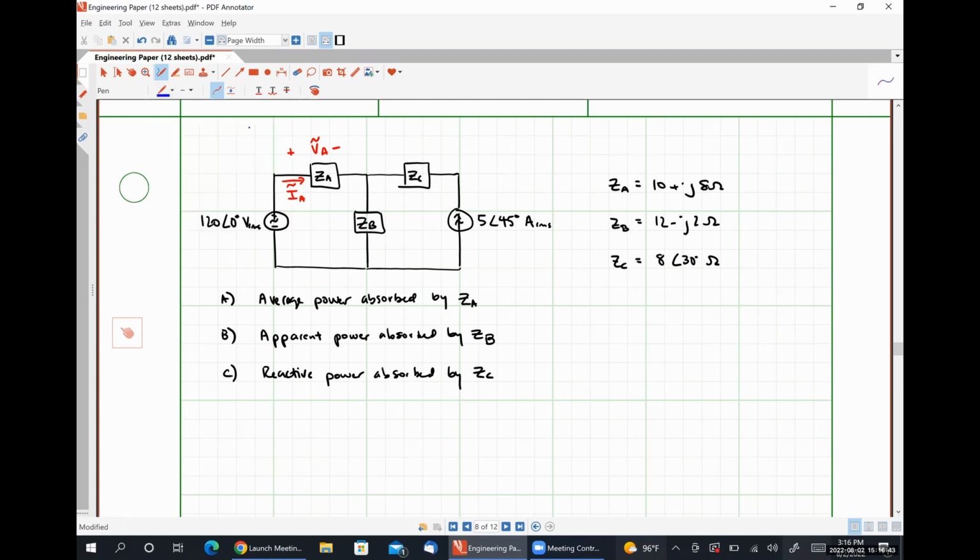To find the apparent power absorbed by ZB, we need the RMS phasor voltage across ZB, the RMS phasor current flowing through ZB, or both. And to find the reactive power absorbed by ZC, we need to know the RMS phasor voltage across ZC and the RMS phasor current flowing through ZC, or both. So where do you guys want to start?